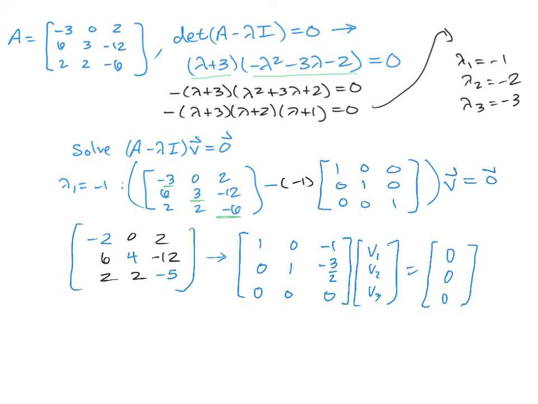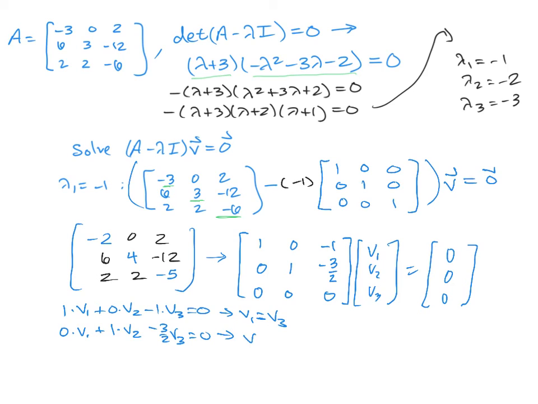Now we need to translate this back. The first row says that 1 times v1 plus 0 times v2 minus 1 times v3 equals 0. That says that v1 and v3 are exactly the same. The second row says that 0 v1 plus 1 times v2 minus 3 halves v3 is equal to 0.